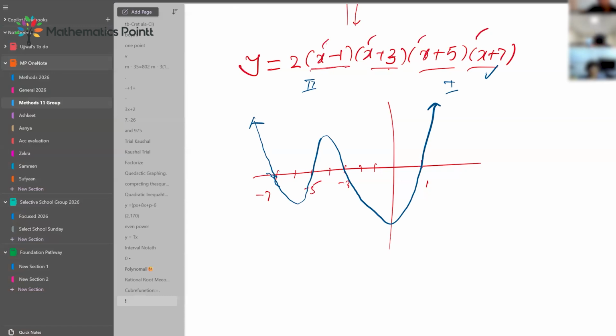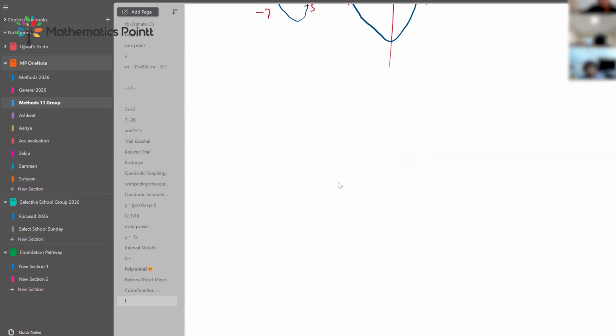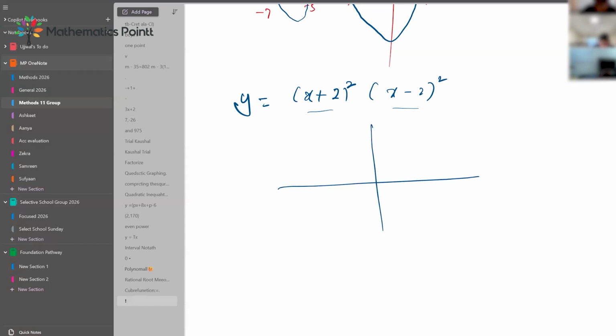Now let's take another example. y equals (x + 2)²(x − 2)². Still a quartic. Now I've got double roots. Let's do it. This is −2, and this is positive 2.